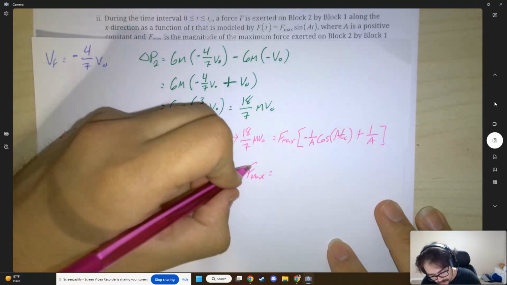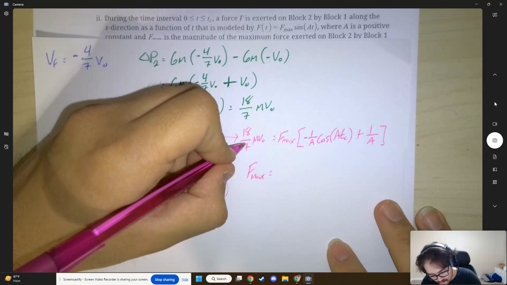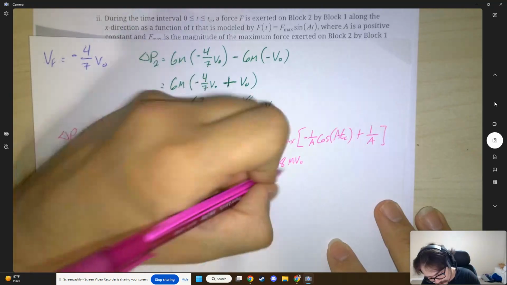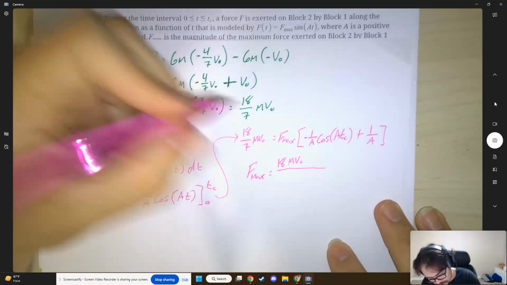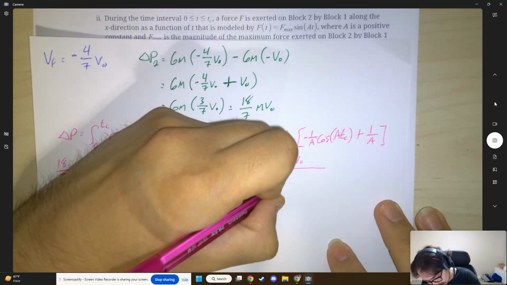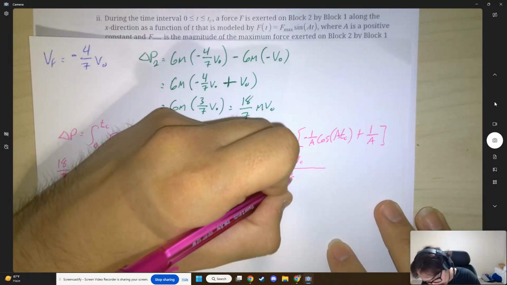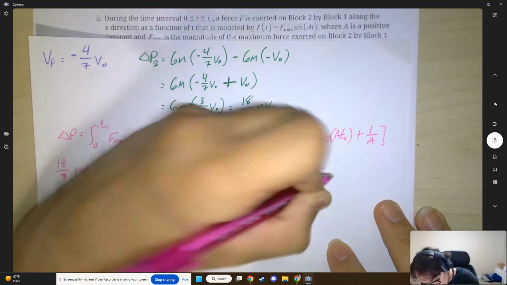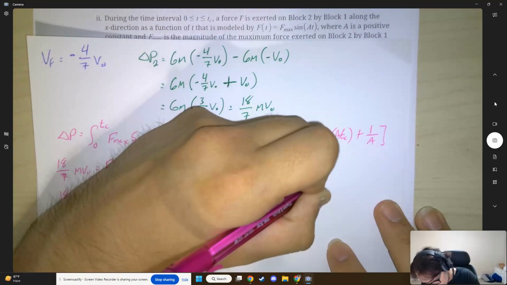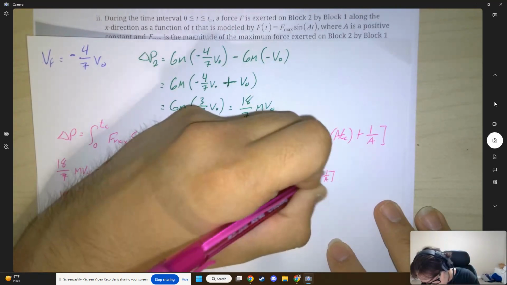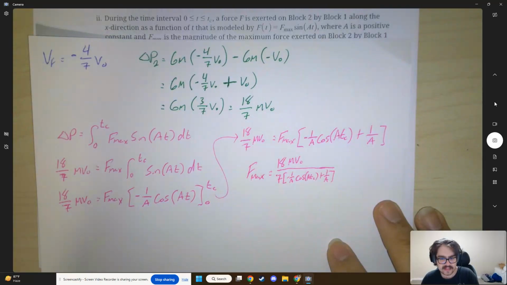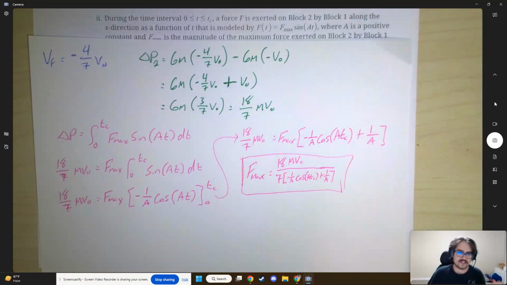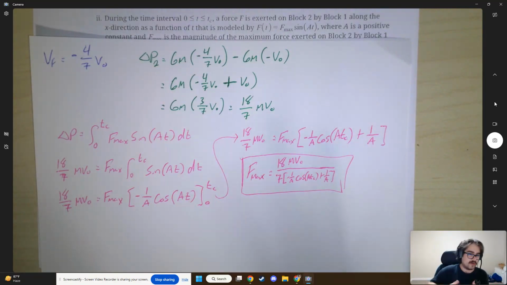This is going to be 18 mv naught over 7 times negative 1 over A cosine A T sub C plus 1 over A. That's really ugly, but you can leave it like that, or you can simplify it a little bit more if you wanted to.